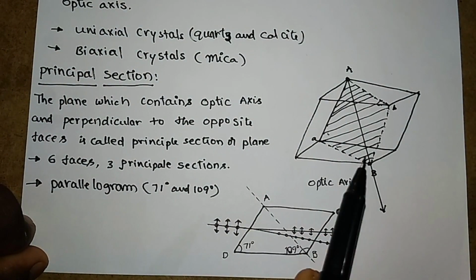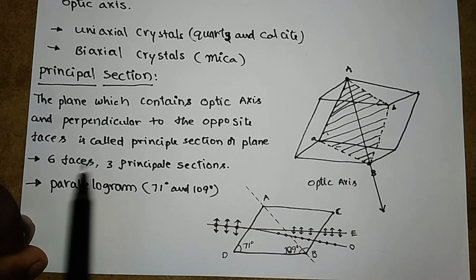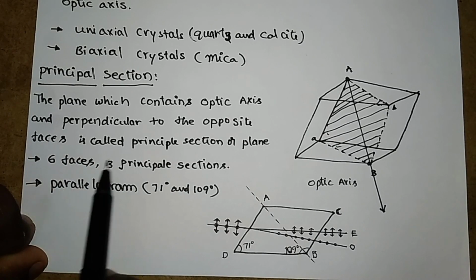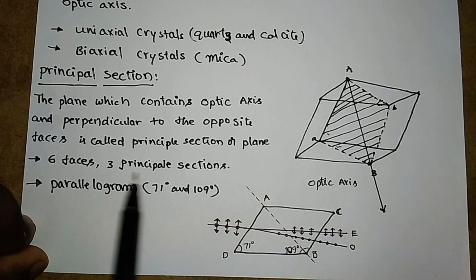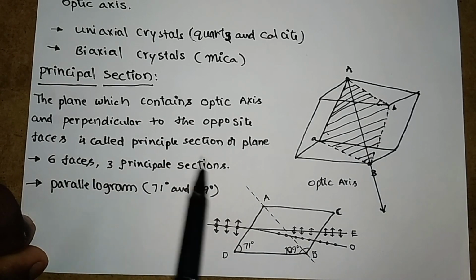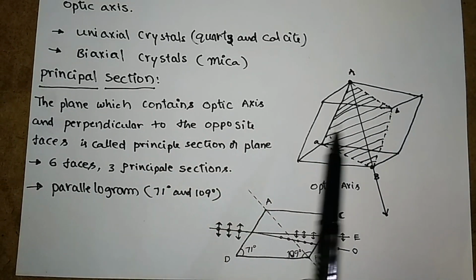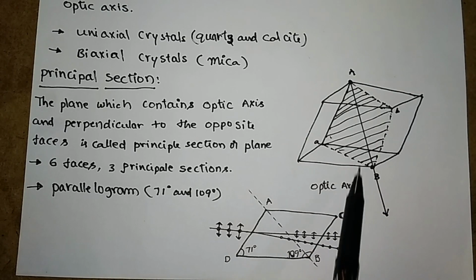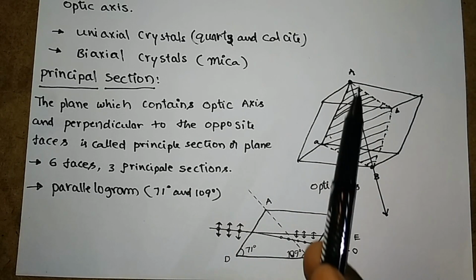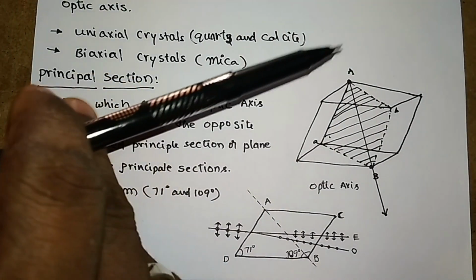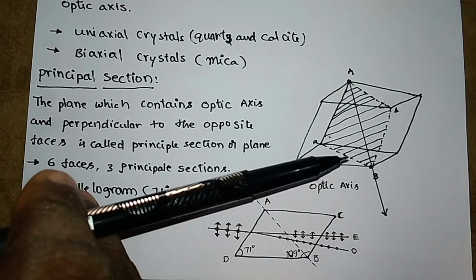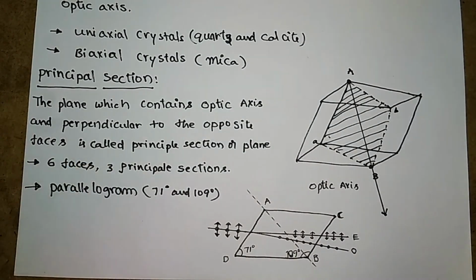In a hexagonal system we have 6 faces, so we get 3 principal sections. Here is a principal section which passes through the optic axis and is perpendicular to the above plane, and perpendicular to the below plane.